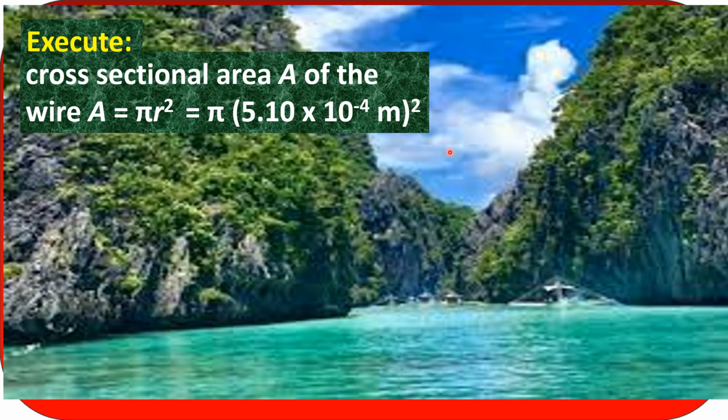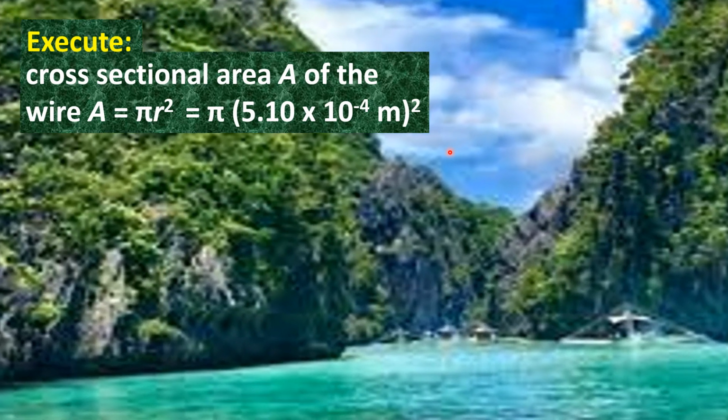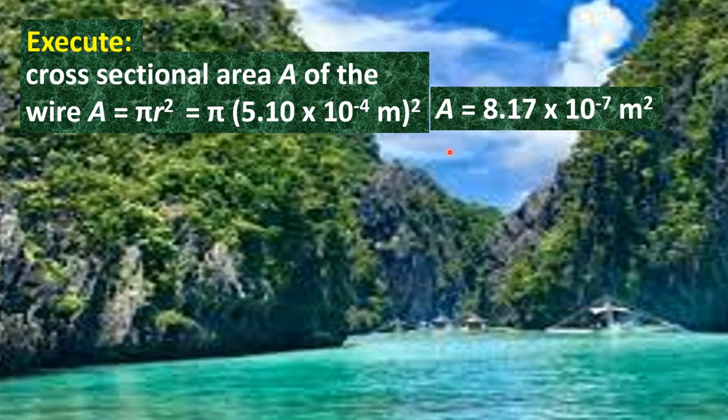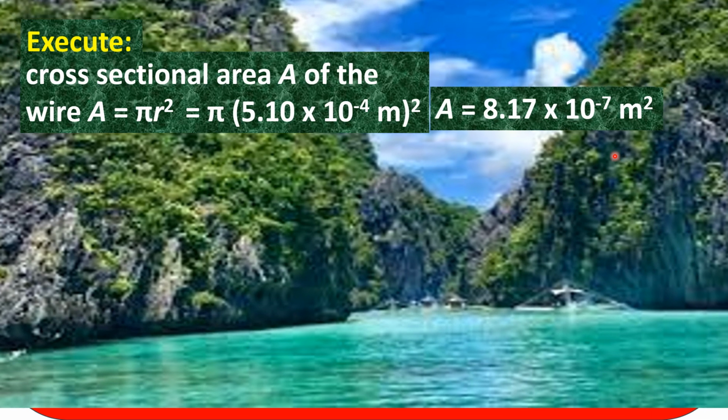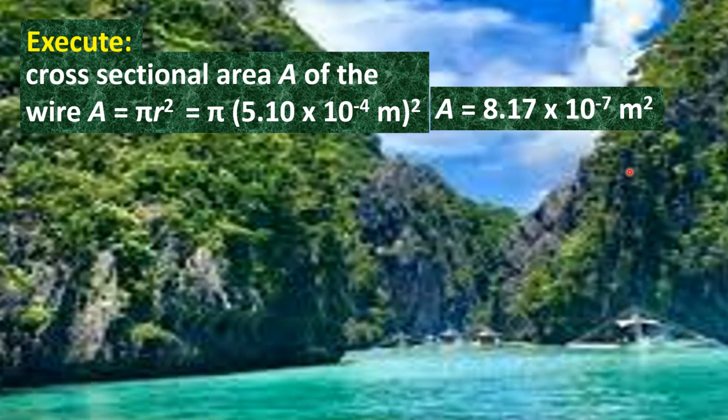Using your scientific calculator, we find that the cross-sectional area of the wire is equal to 8.17 times 10 to the negative 7 meters squared.